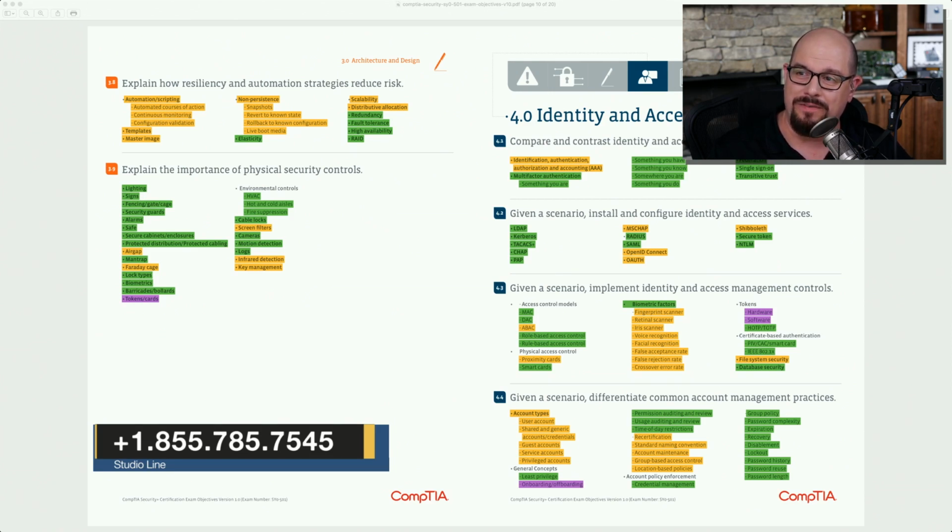So on the 501 exam, the number of topics, 758 of these individual exam objectives on the 501 exam, 466 of them were new. That meant 64% of the exam was brand new over the 401.